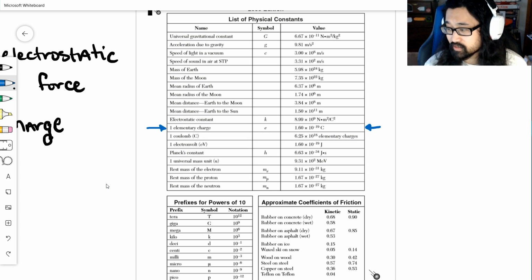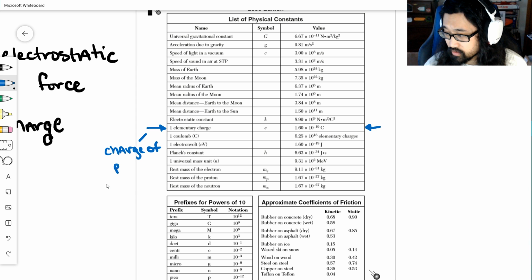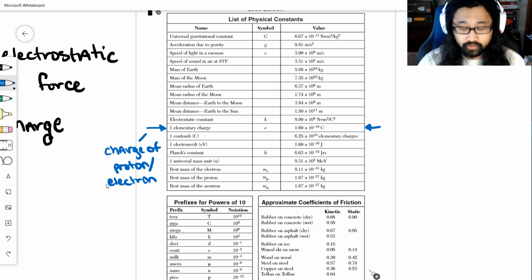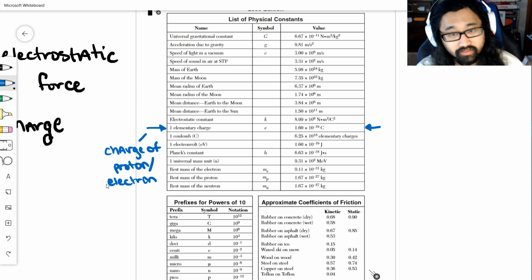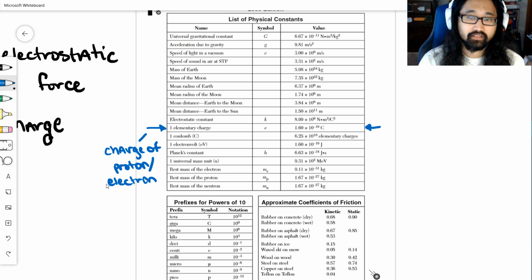It's represented by lowercase e. This is the charge of the proton or the electron, depending on if you need it to be positive or negative. The exact charge of the proton, the exact charge of the electron, is 1.6 times 10 to the negative 19th coulombs.